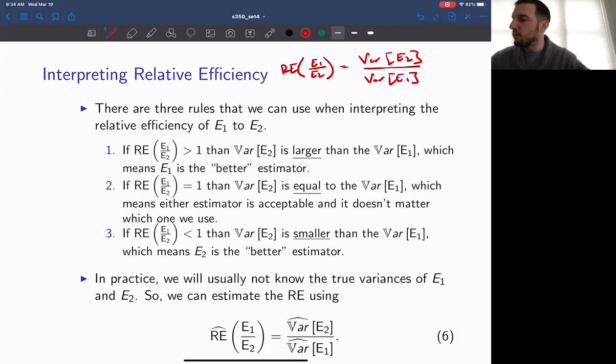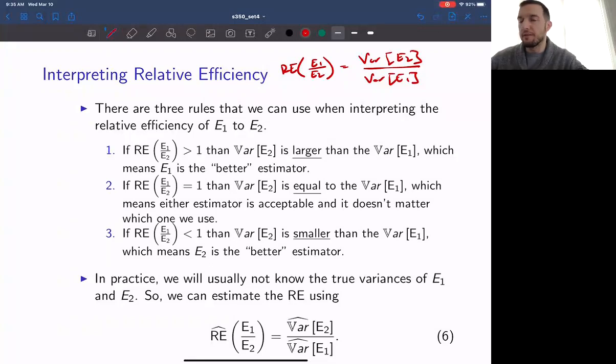If you wanted to compare two variances and you divided the variance of E1 by that of E2, or you did the opposite and divided E2 by E1, as long as you understand what it means when that expression has a value greater than 1, less than 1, or equal to 1, it doesn't make a difference which order you divide in. When the ratio of the variances of the estimators is equal to 1, it doesn't matter what order you divide in.